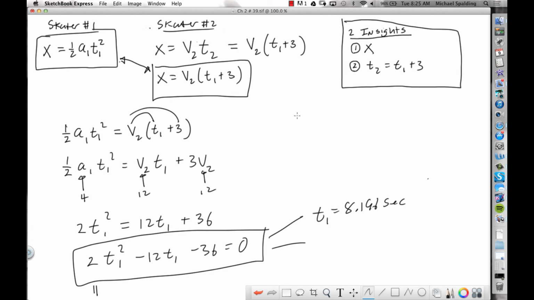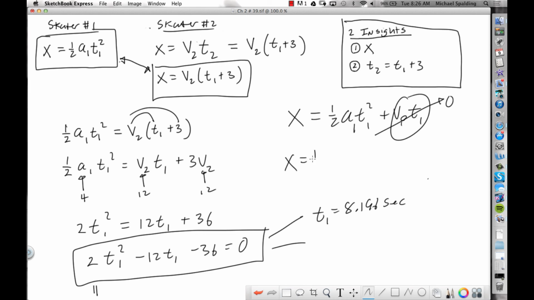To do that, I would just go back to this: x equals 1/2 a t squared plus v initial t. Focusing on guy number 1, what was his initial velocity? 0, so that goes to 0.